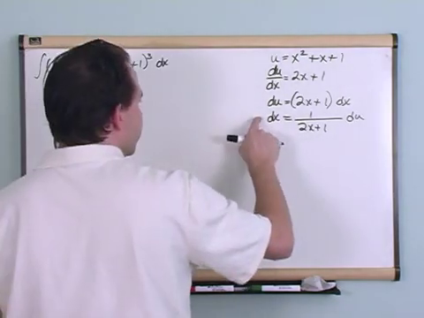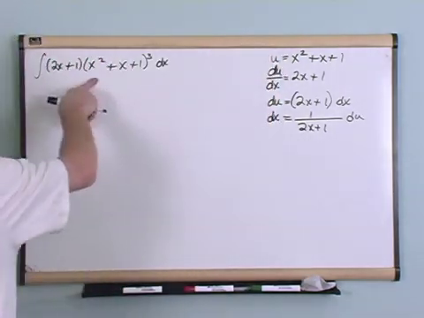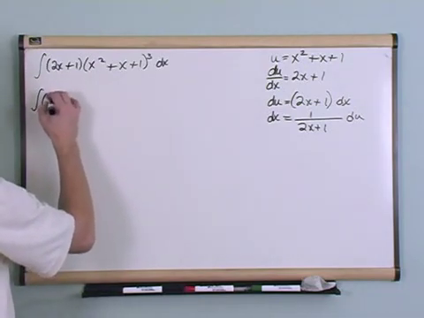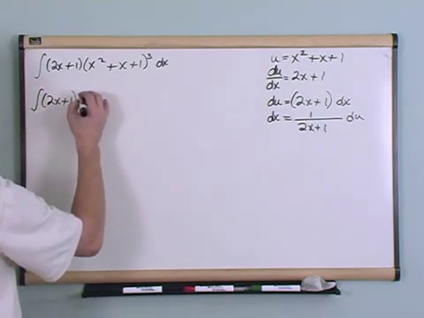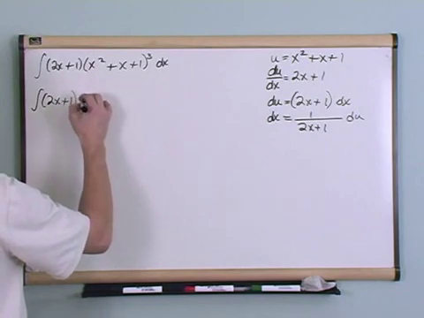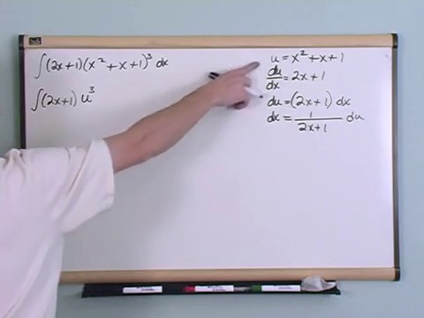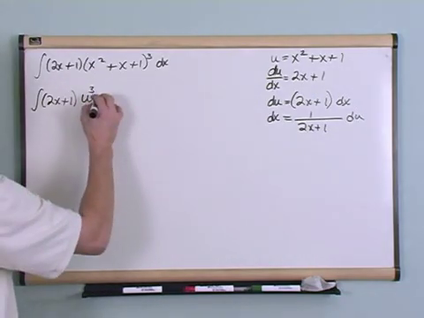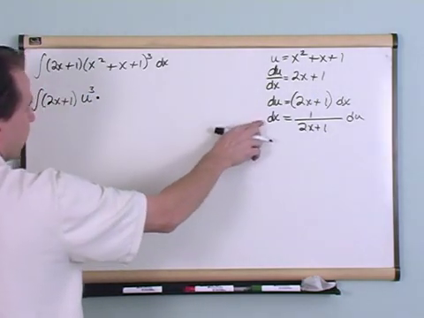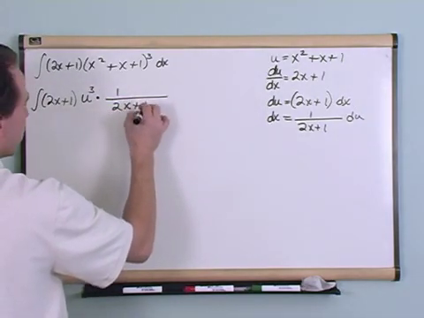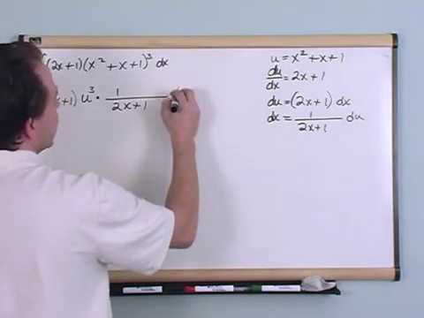So now, having this piece of information and this piece of information, I'm going to go back and try to solve this integral. So I'm going to have 2x plus 1 times u to the third power, because all of this is just u, to the third power, times dx, which I've defined right here, 1 over (2x plus 1) times du.